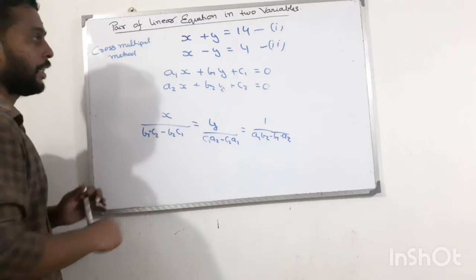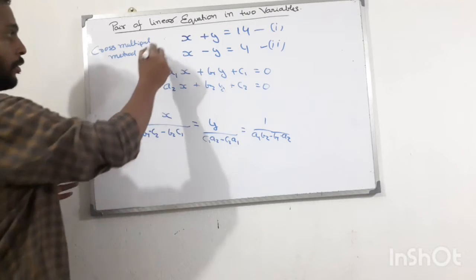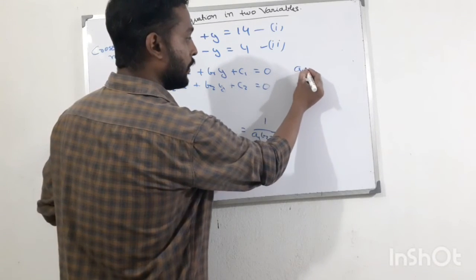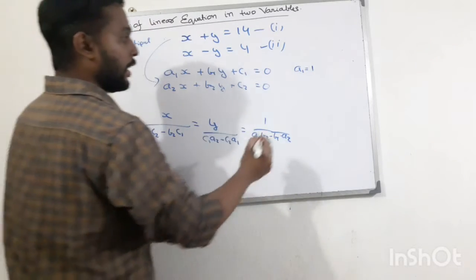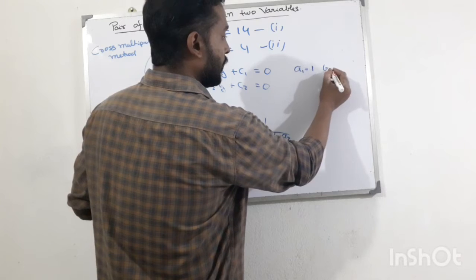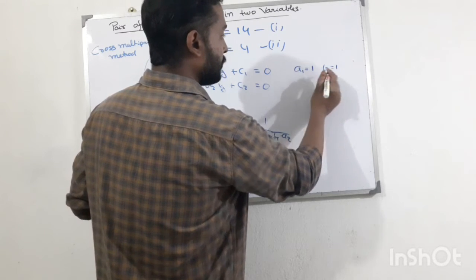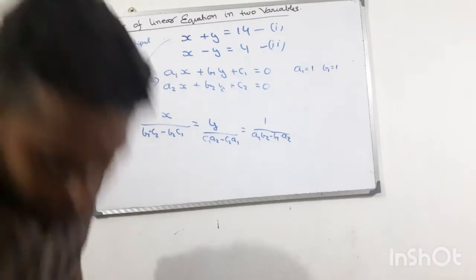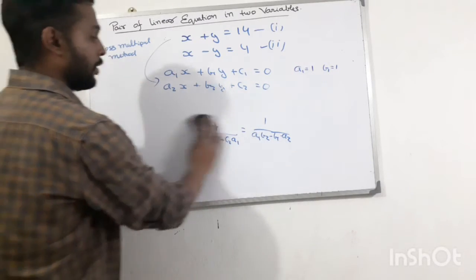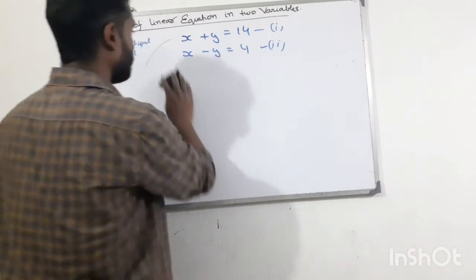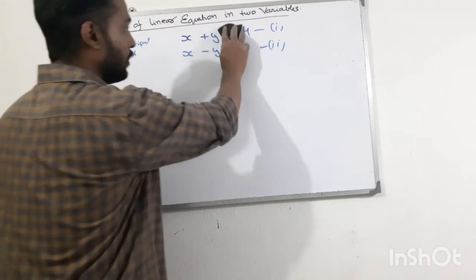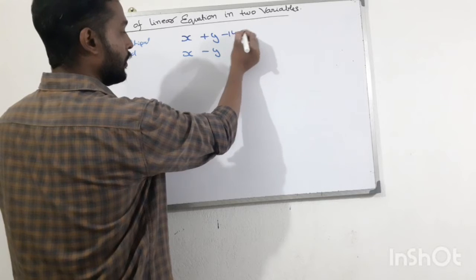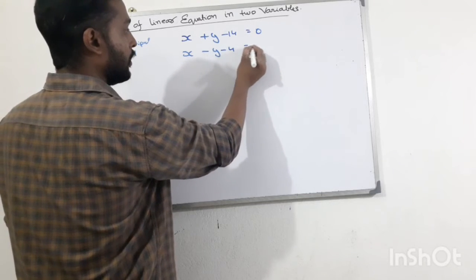So by comparing both equations, we write this equation like this: x plus y minus 40 is equal to 0 and x minus y minus 4 is equal to 0.